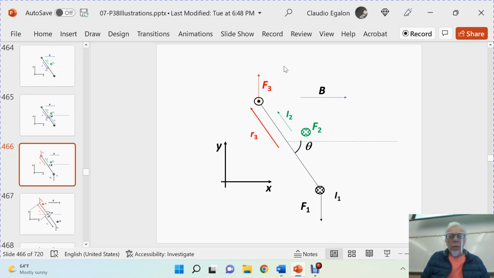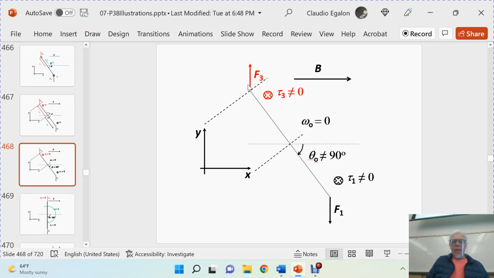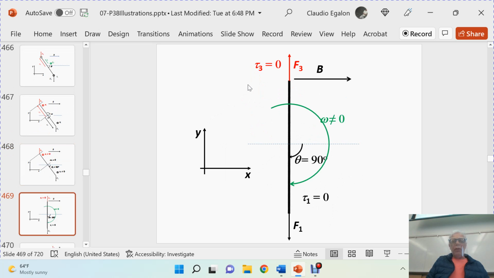Here's the force, force of 1 in this part of the branch, and this is the force of 3. In this case there is a torque that's going to make the wire oscillate along this direction. As it reaches this point here, the net force is 0 and the torque is 0 too, because the forces are collinear with each other.